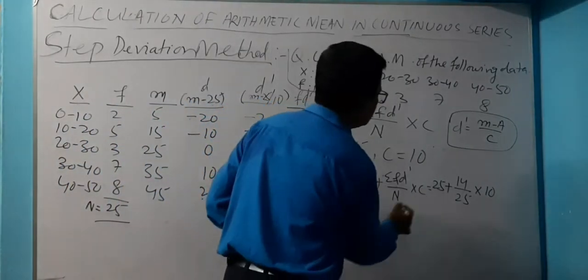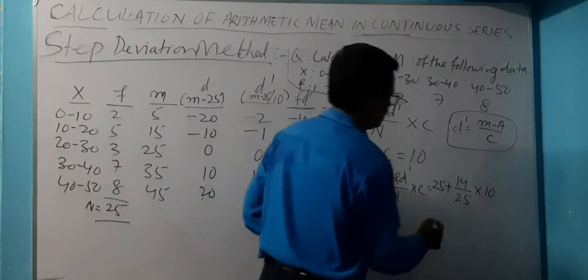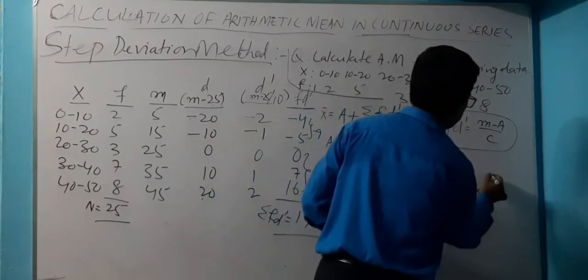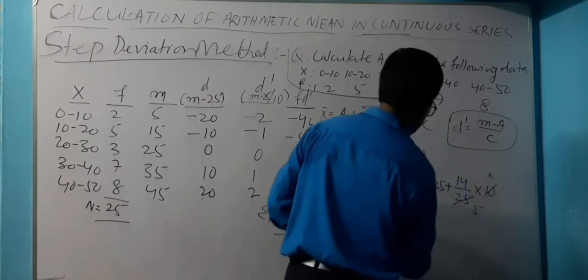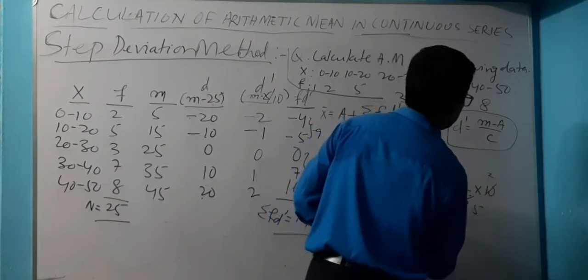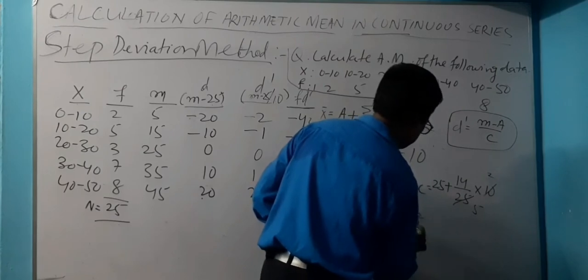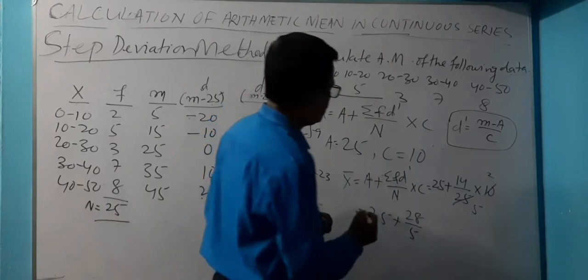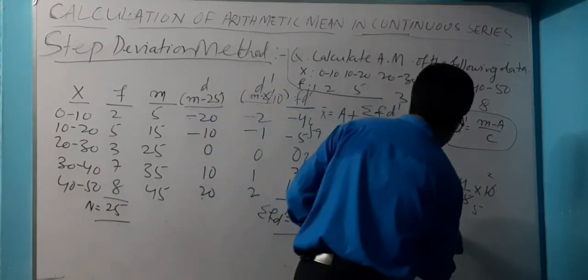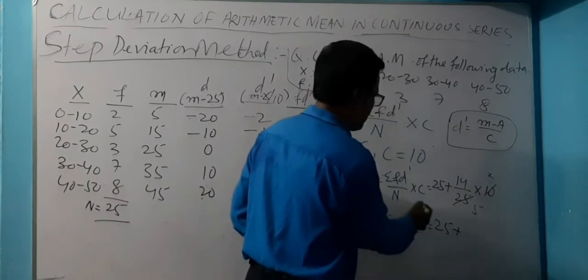That is equal to 25 plus how much this gives to? 5 2s are 10, 5 5s are 25. That is equal to 25 plus 28 by 5. 28 by 5. That is equal to 25 plus how much? 5 5s are 25.